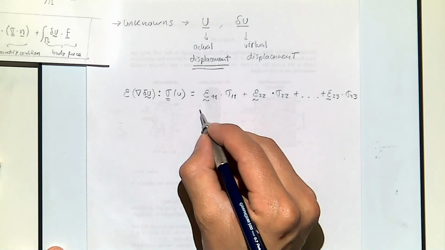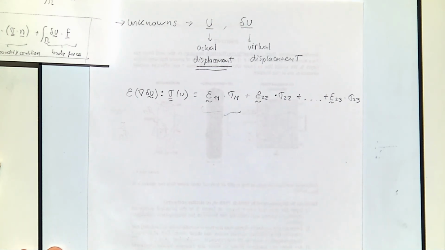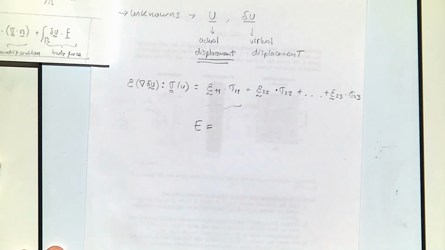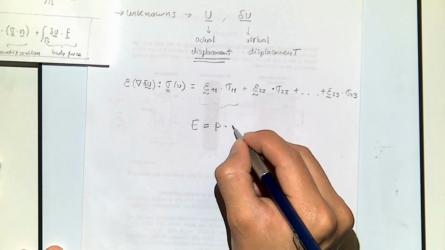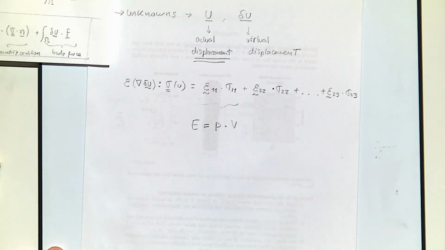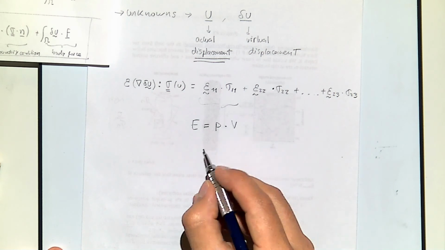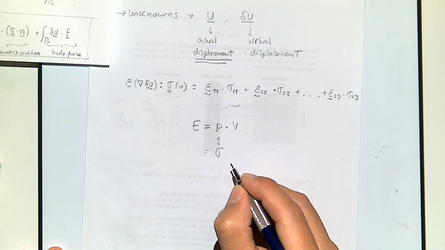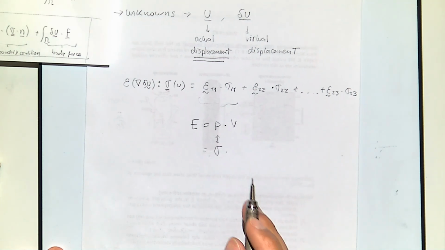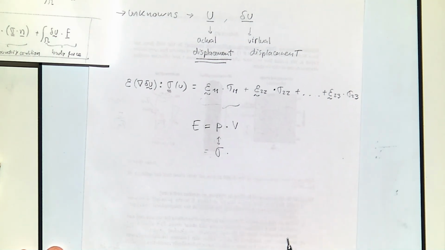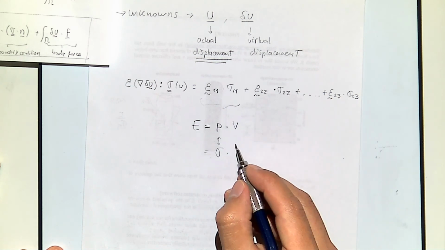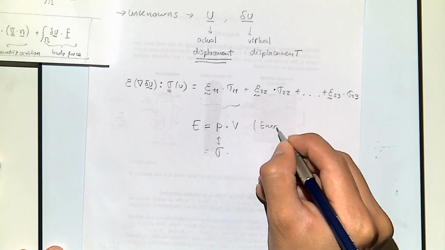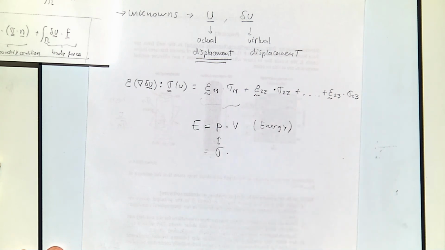And as we were saying, this is strain energy. For a fluid, energy is equal to pressure times volume. And if you know this, in our case, this is stress, which is similar to pressure, not exactly the same. And in our case, we're going to have volume, but this is just total energy.